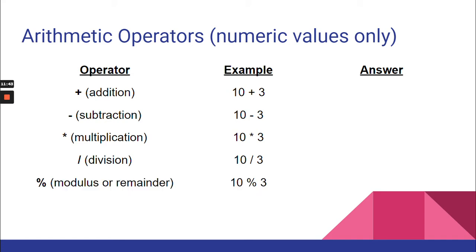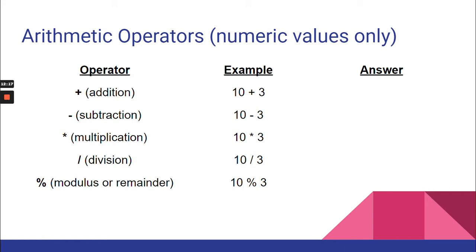Okay, a new operator that you probably have not had experience with. It's the percent sign, known as the modulus operator. You might remember it as the remainder operator. It takes two numbers and does long division, but gives you the remainder. So if I do 10 divided by 3, 3 will go into 10 3 times with the remainder of 1.